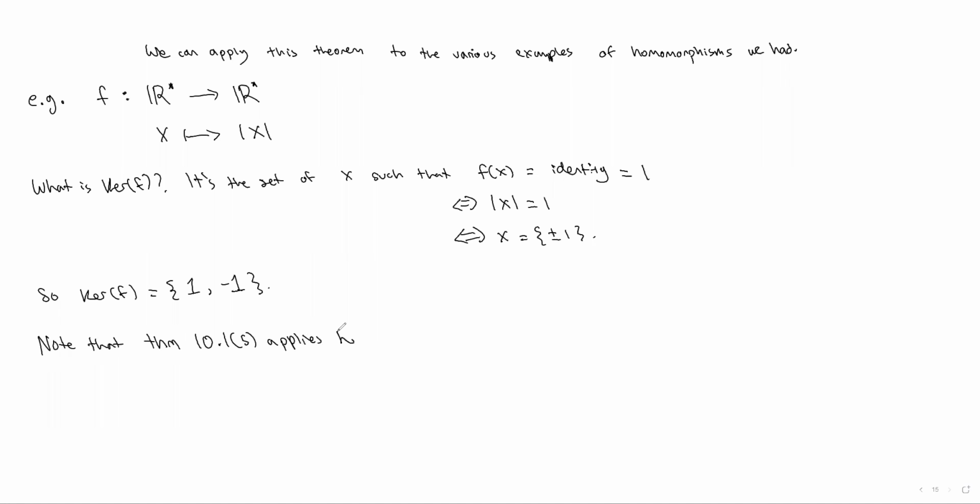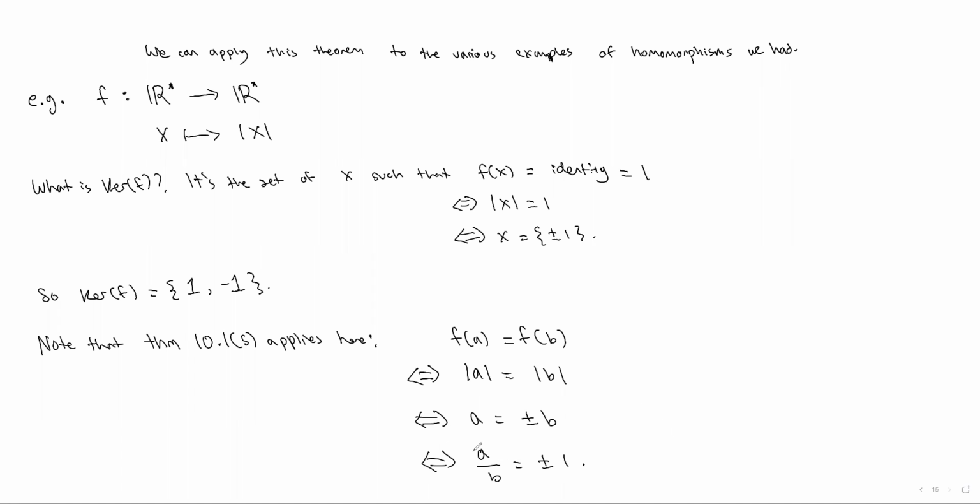So if f of a equals f of b, if and only if absolute value of a equals absolute value of b, and that occurs if and only if a equals plus or minus b, or said differently, if and only if a over b equals plus or minus 1. So that's one of the conditions I wrote.